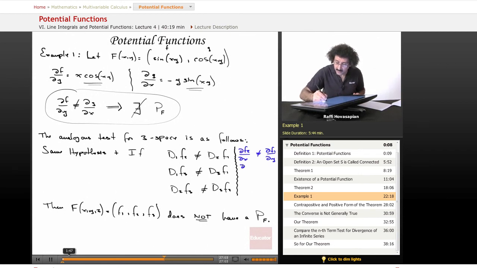This one is df3 dx does not equal df1 dz, third. And this one is df3 dy does not equal, excuse me, df2 dz.